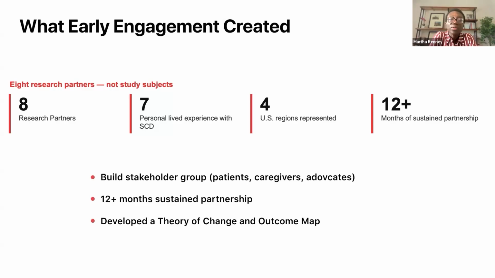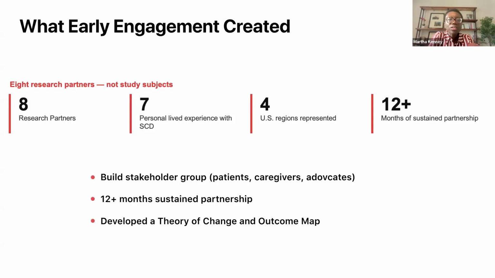And our goal in working over that 12 months was to really develop a theory of change and outcome map for community engaged research in sickle cell disease. We were able to use the work that Helen had already done as a foundation for the work that the team did and really think about how they're putting their touch on it and how it applies to sickle cell disease.